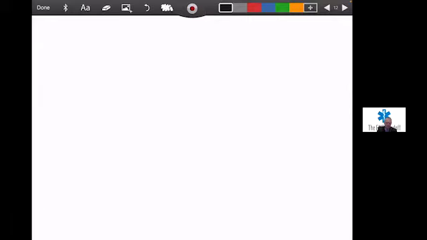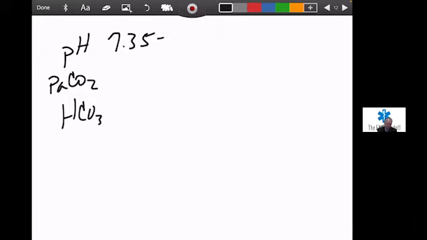So, familiarize yourself with the normal values. The three main values we want to look at are the pH, the PaCO2, and the HCO3. For pH, the normal range is 7.35 to 7.45.